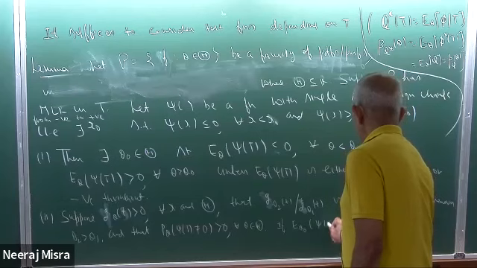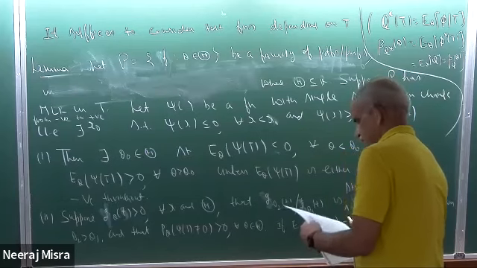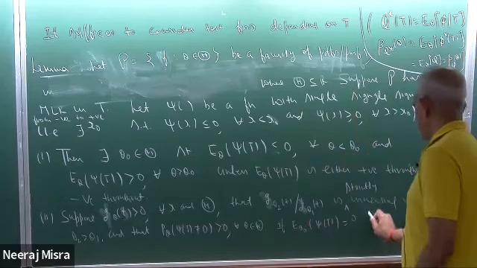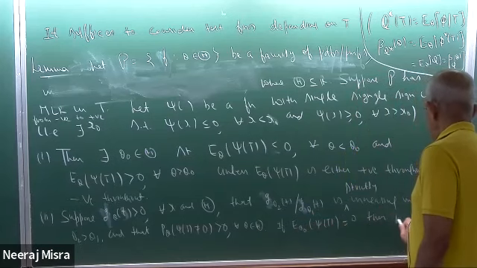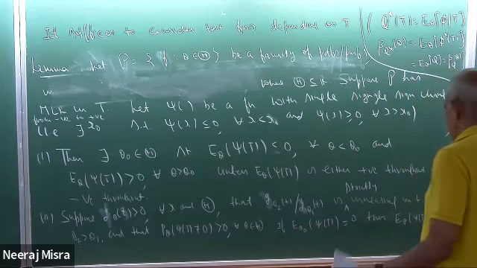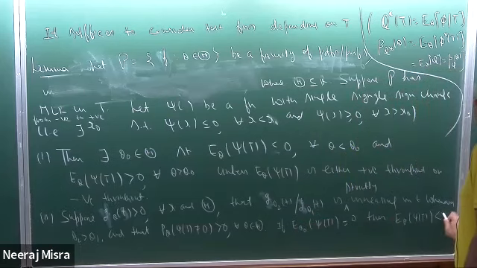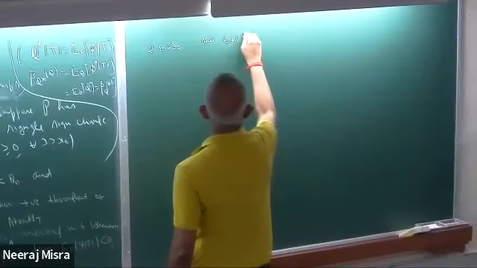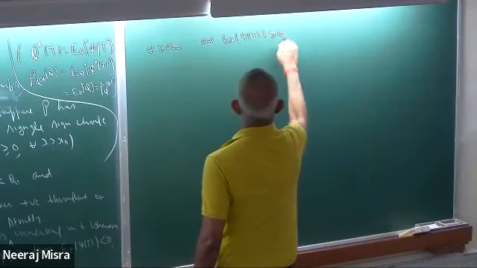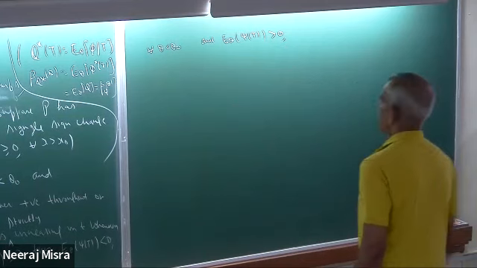If E theta naught psi t is 0, then E theta psi t would be less than 0 for every theta less than theta naught, and E theta psi t would be greater than 0 for every theta greater than theta naught.